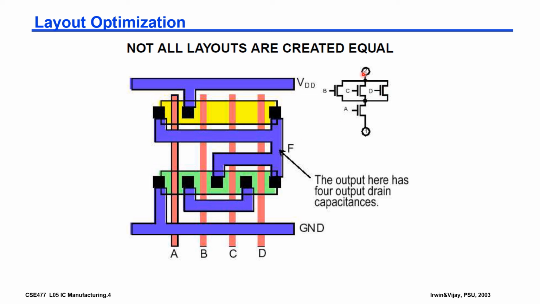And then F. What about F? This is the output here. Go to B, C, and D. Then you have the B and C here should have a contact, and go to the D side. Okay, so that the B, C are contact over here and with the D. So you have all contact to the output.